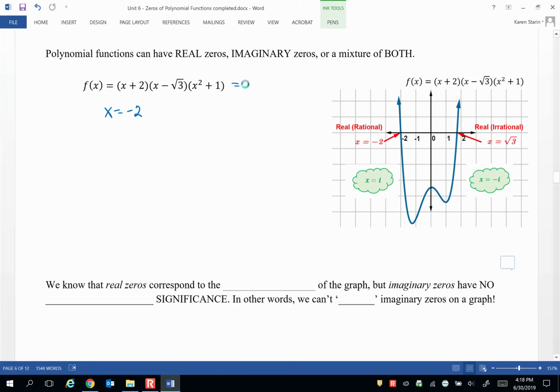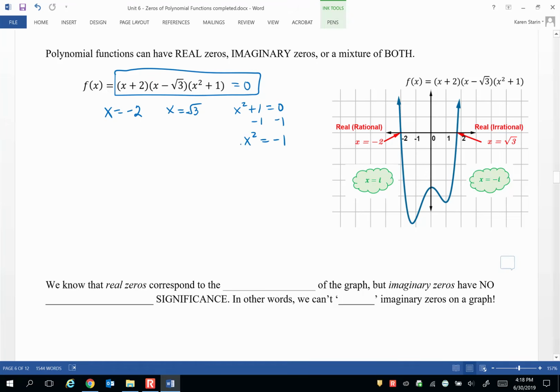Remember, we would just set that equal to 0 and solve this equation with the zero product property. So the second factor, if we had x equal the positive square root of 3, that would cause that to be 0. And then we have a little bit of algebra to do here. We need to subtract 1 from both sides, and then we have x squared equals negative 1.